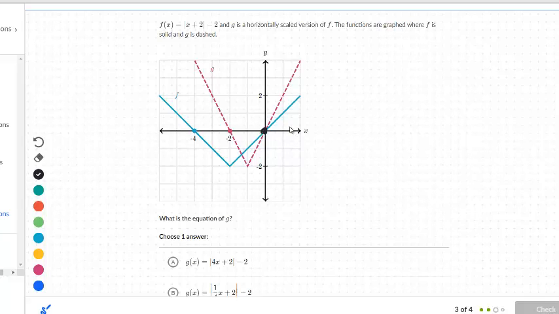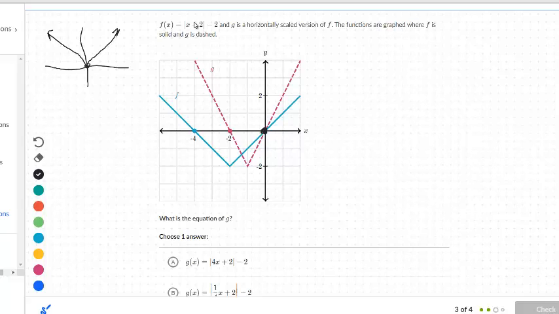And so what we have done now, f of x is the absolute value of x plus 2 minus 2. So it took something that normally an absolute value graph is at the origin, and it goes up in a V shape like that. That's what an absolute value graph looks like.